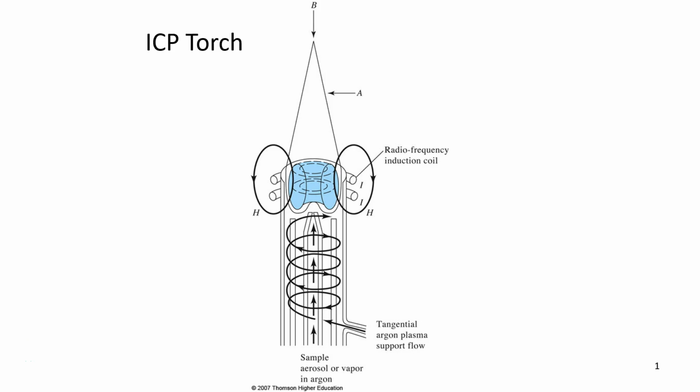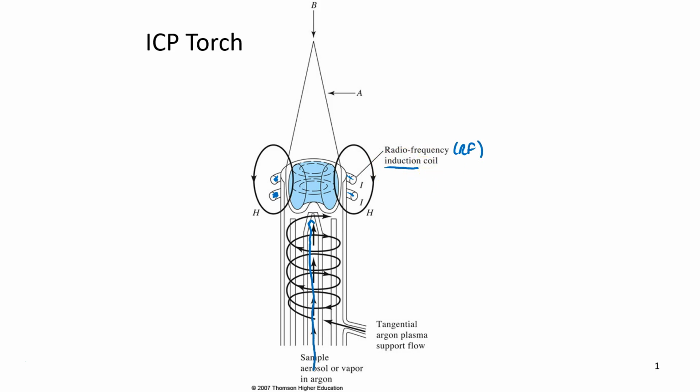Here is a cutaway view of the torch. This is where that sample, or that nebulized sample, enters the torch. And you can see that there's also some argon flowing this way. And what you're looking at here is a cutaway view of those radio frequency or RF coils. And there's this word induction, radio frequency induction coil.